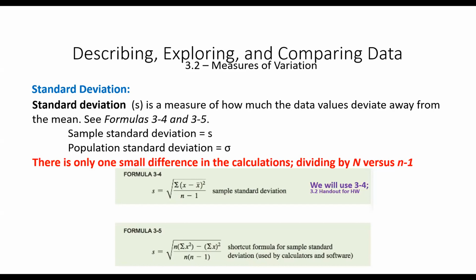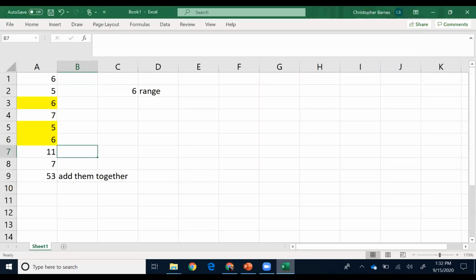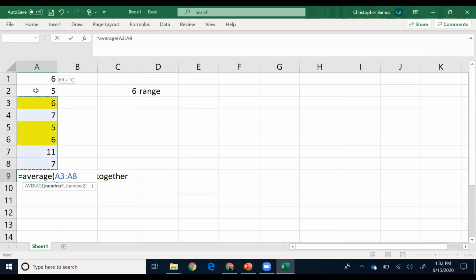Now, I want to show you this, because what does it mean for data values to deviate away from the mean? I'm going back to the spreadsheet that we had before. First we had the sum, but now we're going to do the average. The average of these scores that we picked, the letters in our name, is 6.625.